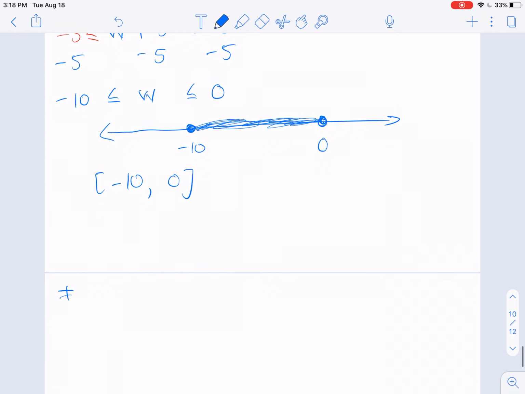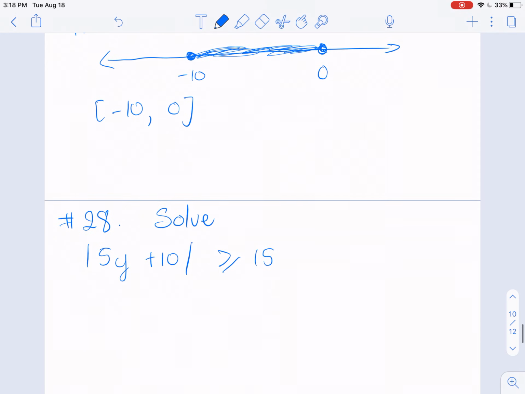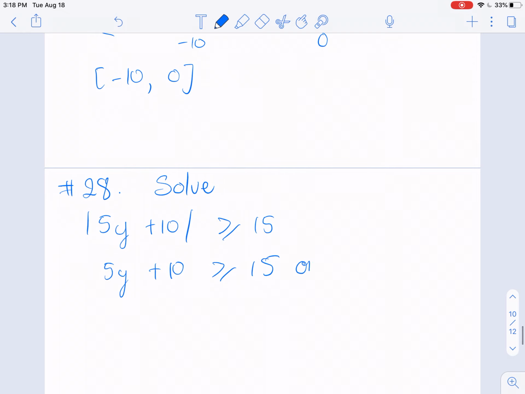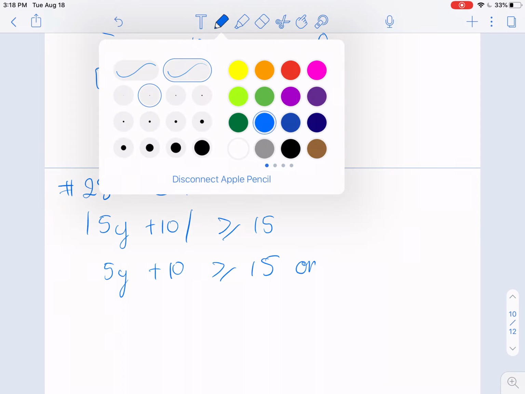For type B, which is number 28, I have the absolute value of 5y plus 10 greater than or equal to 15. Okay, so I drop the absolute values and I have that inequality, or, and this is something we add, right?